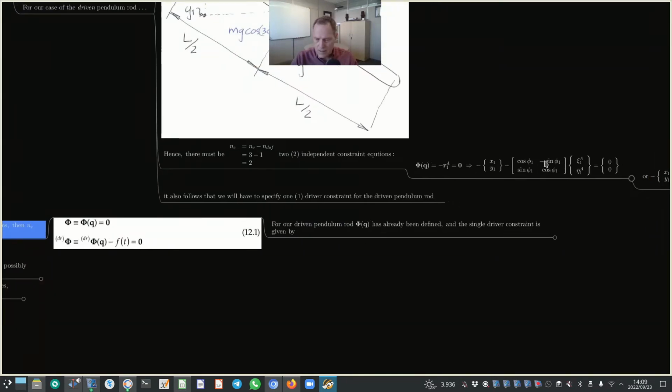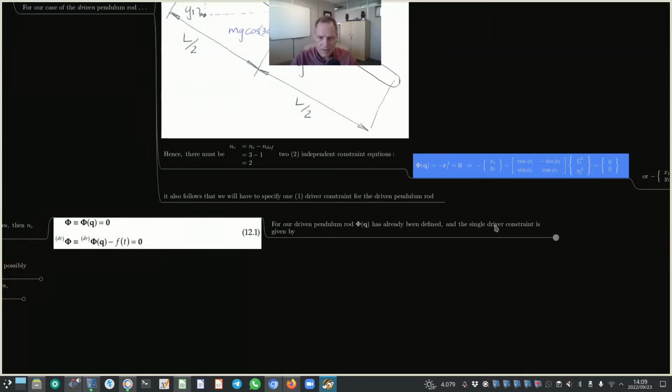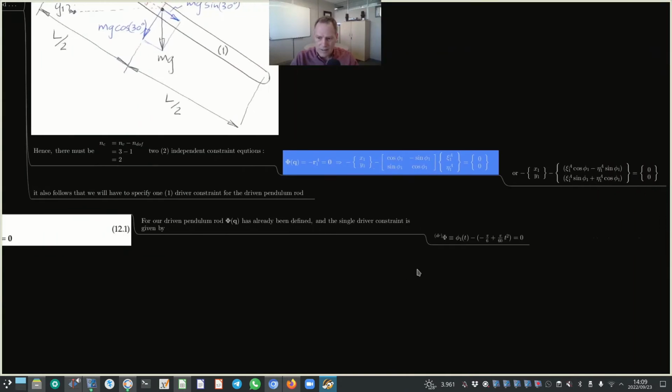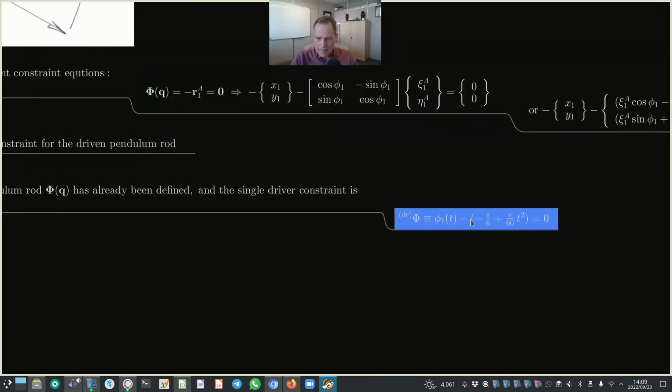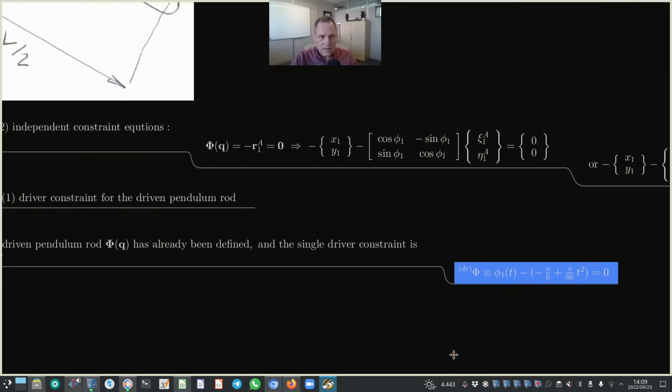This shows the positional constraints for our pendulum rod. Now the single driver constraint is given by this equation over here. What this relates to is the orientation angle of body 1 as a function of time minus, in brackets, minus pi over 6, which is the initial angle of the pendulum rod.